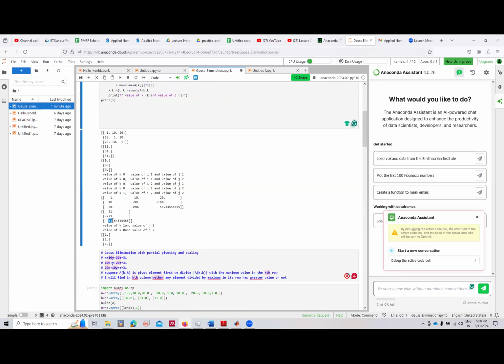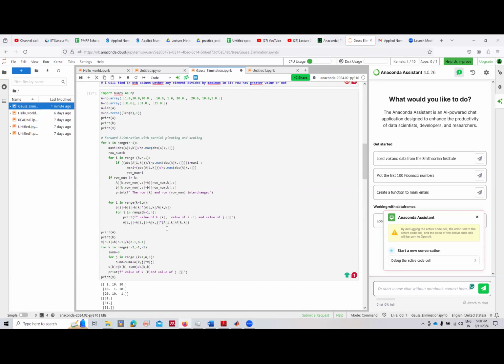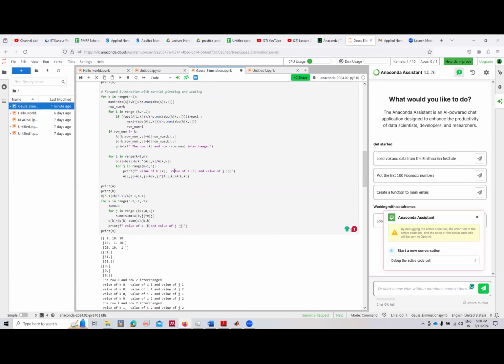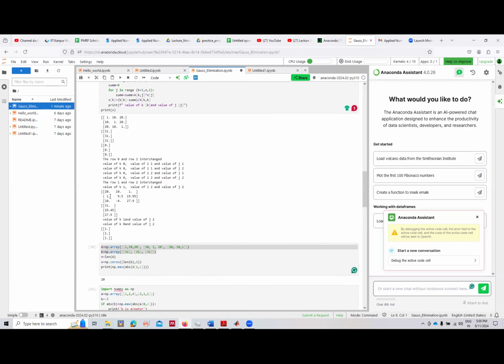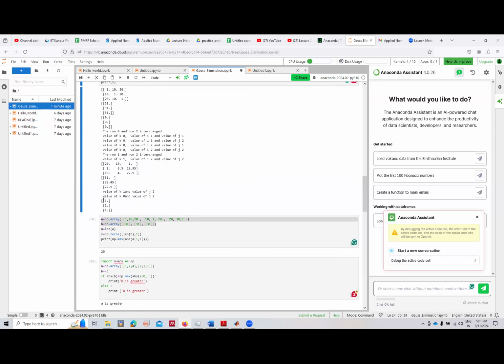The last element is minus 53.454. Similarly, in the other one, the Gauss elimination with partial pivoting and scaling, we are getting a different coefficient matrix, but we are getting the same value.